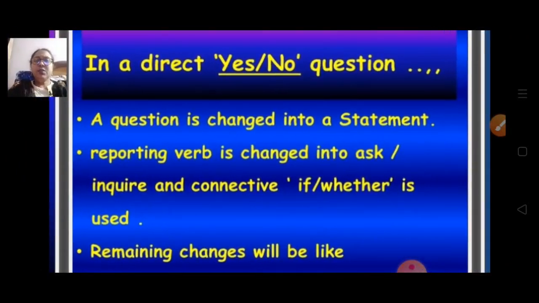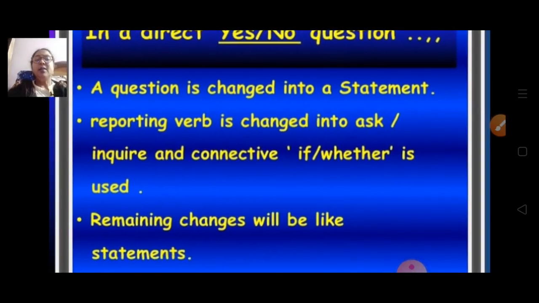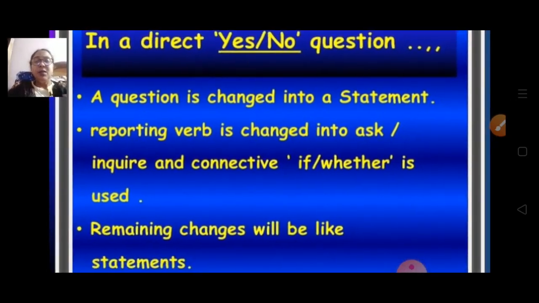A question is changed into a statement. The reporting verb is changed into ask or inquire, and the connective if or whether is used. The remaining changes will be just like in statements.